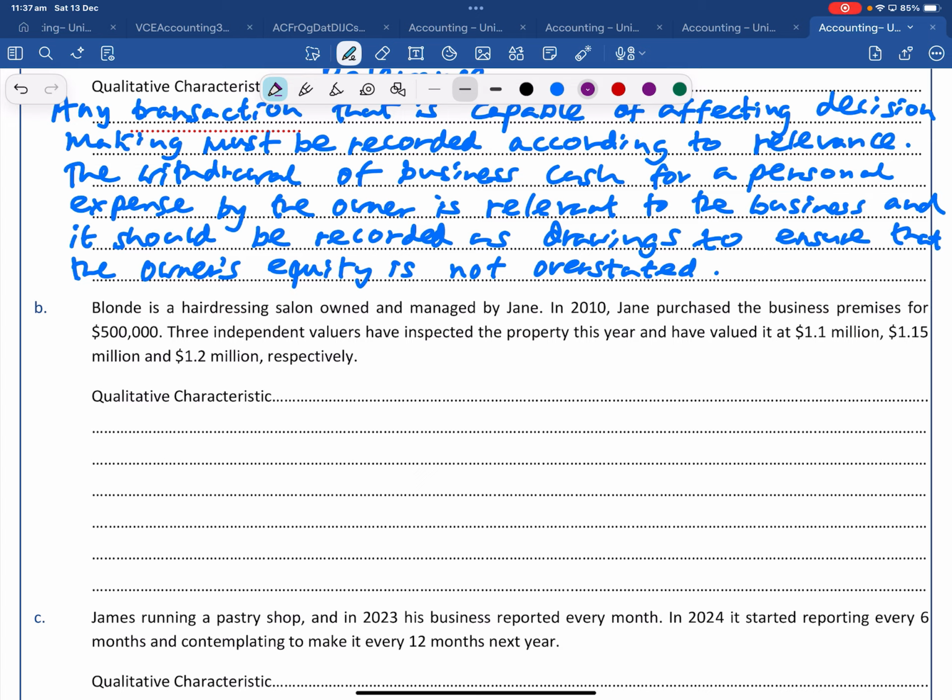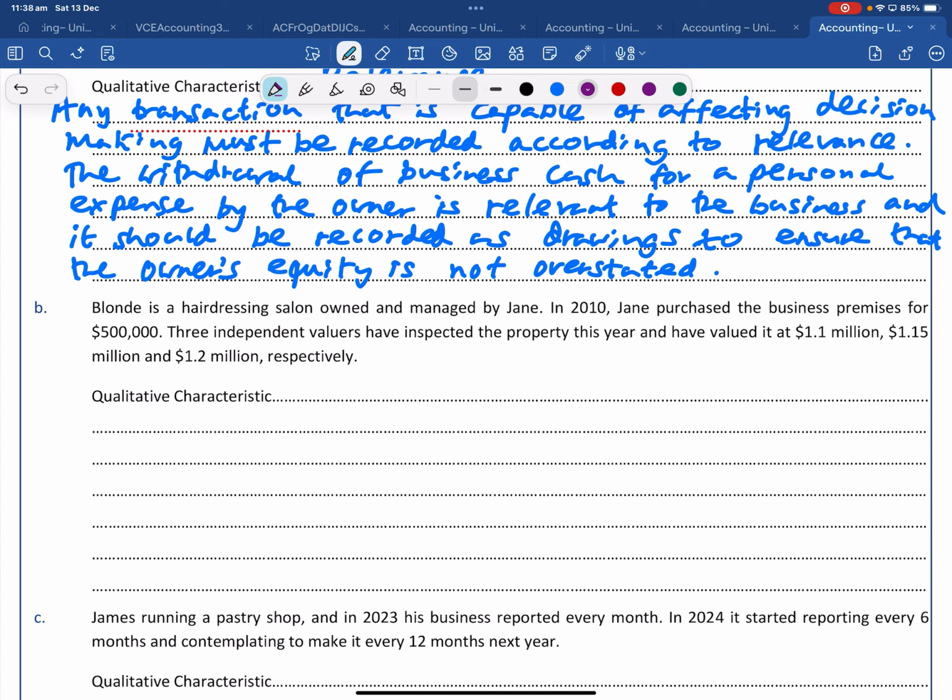What do you think, Sneha? Why did you say verifiability? Same thing. Three different people have given three different values, but they should agree, based on objective information instead of their own personal opinion. Okay, so what is the objective information here?